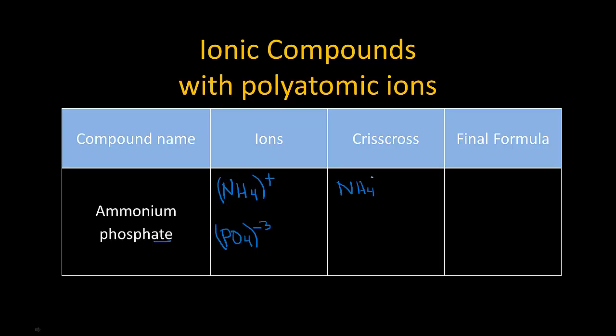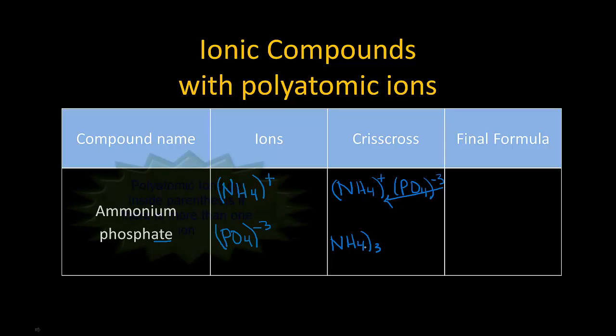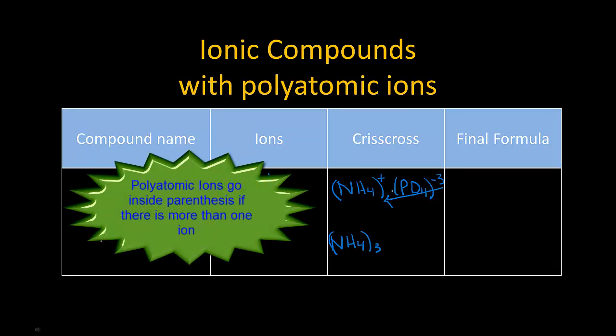NH4 with a +1 charge, and PO4 with a -3 charge. That 3 goes down by the NH4, and since there is more than 1, we have to put the parentheses. And this 1 goes down by the PO4.